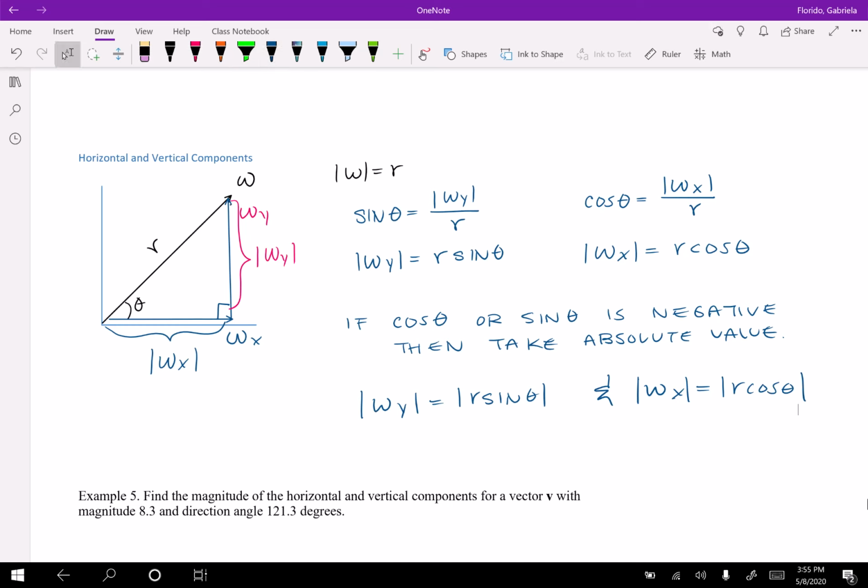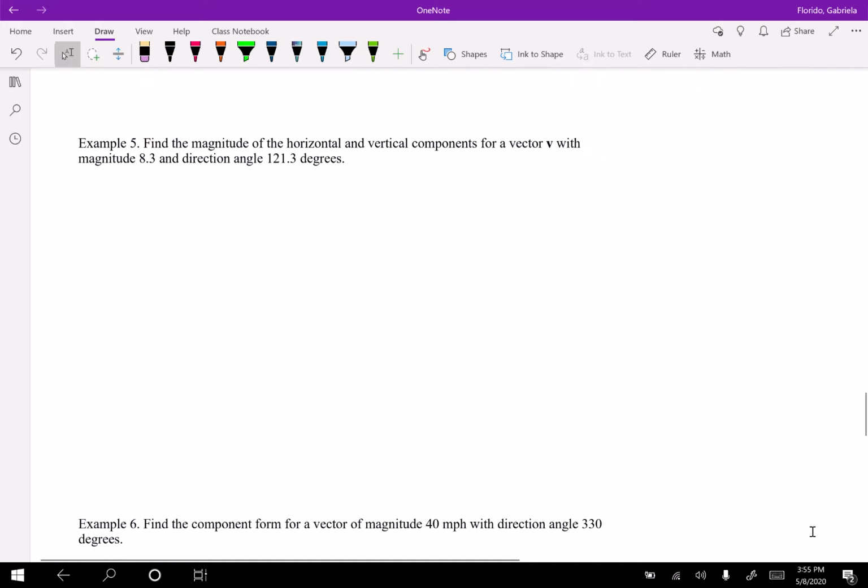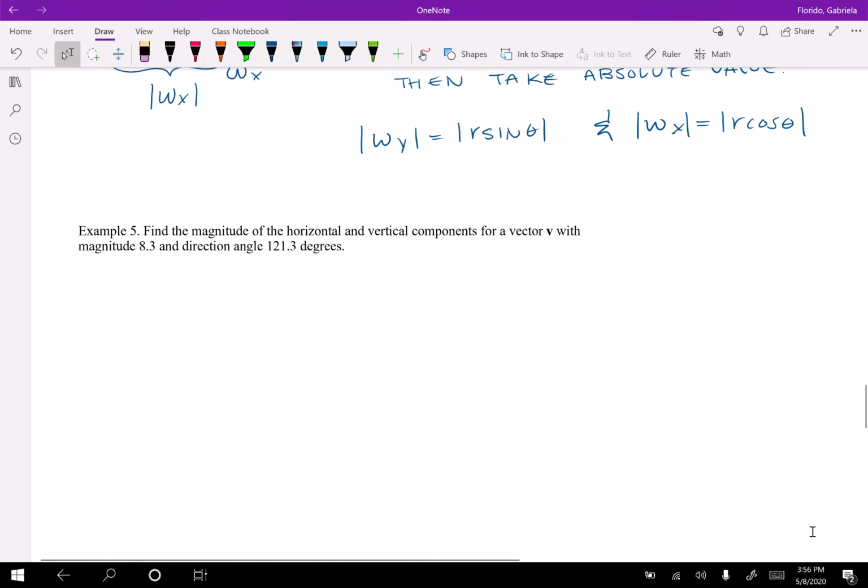So let's try example 5 here. It's asking us to find the magnitude of the horizontal and the vertical components of vector v. And vector v has a magnitude of 8.3 and a direction angle of 121.3 degrees. So we're given the magnitude, which in our previous example was r, and we're given our direction angle, which is theta.